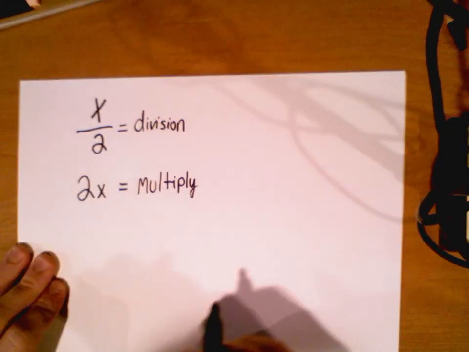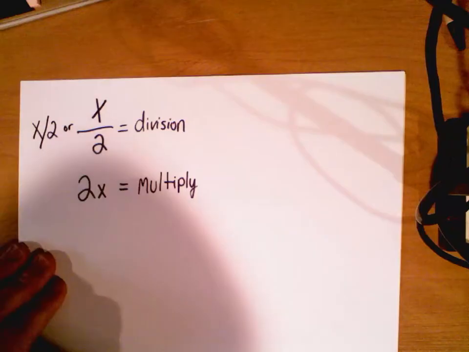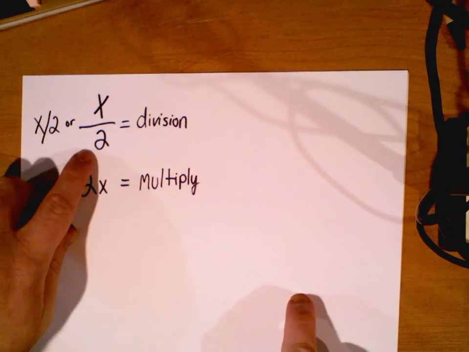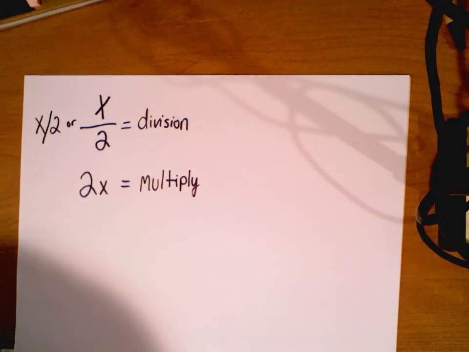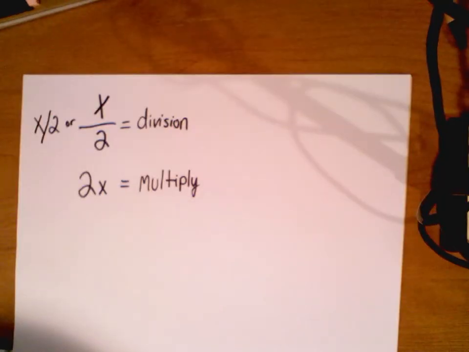Online, you might see that problem also written as x slash 2 or x over 2. Either way, these are the same, but everything else is addition and subtraction. I just wanted to go over that formatting for you guys.